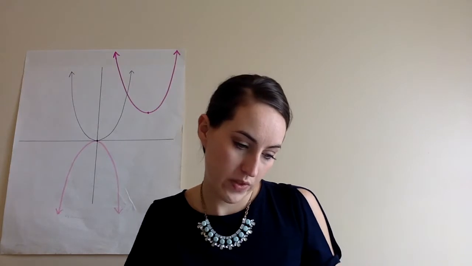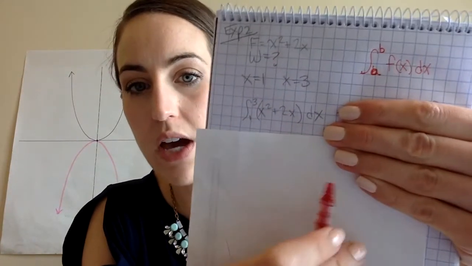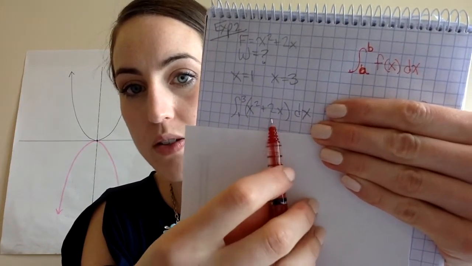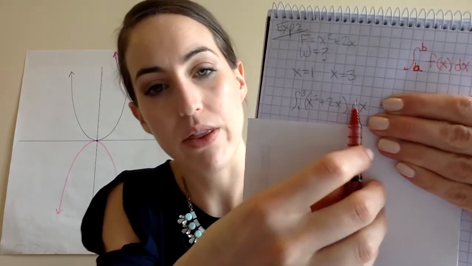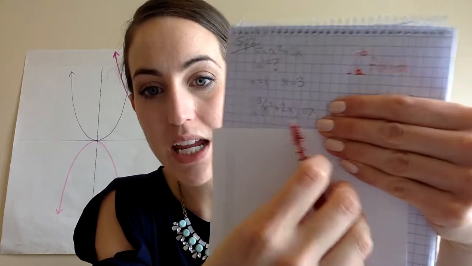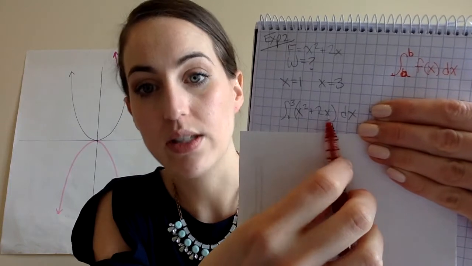So we've done that. I've written the integral from 1 to 3. We've replaced f of x with the force, x squared plus 2x, and we have dx. And remember, that means we are now taking the antiderivative of this and following the rules there.